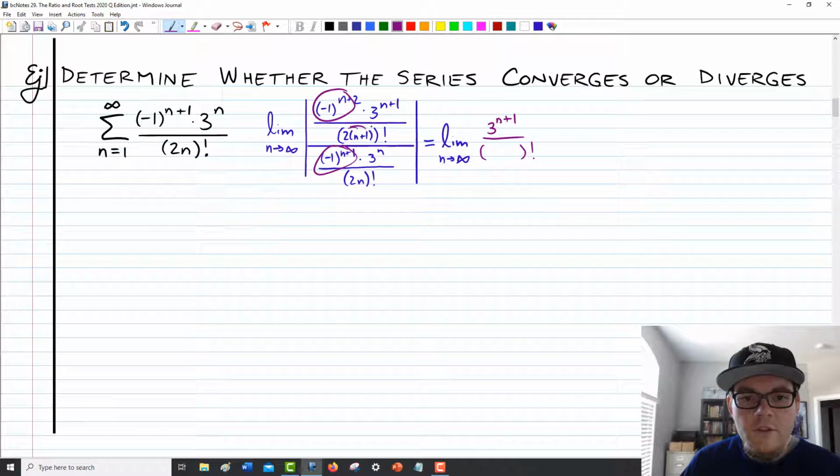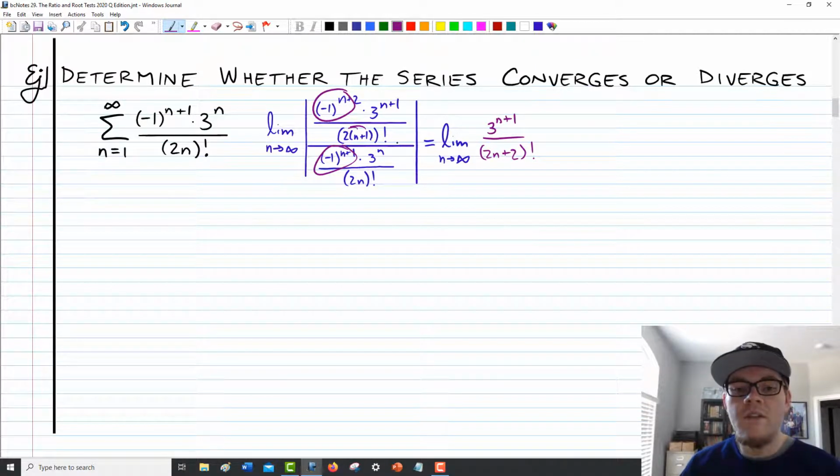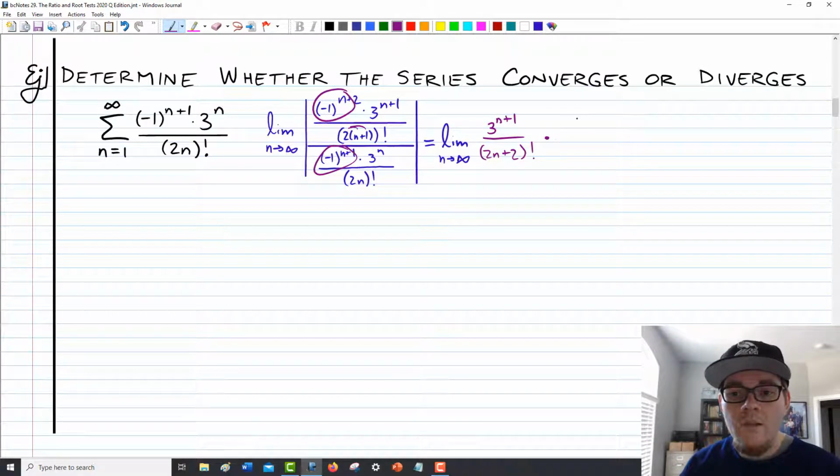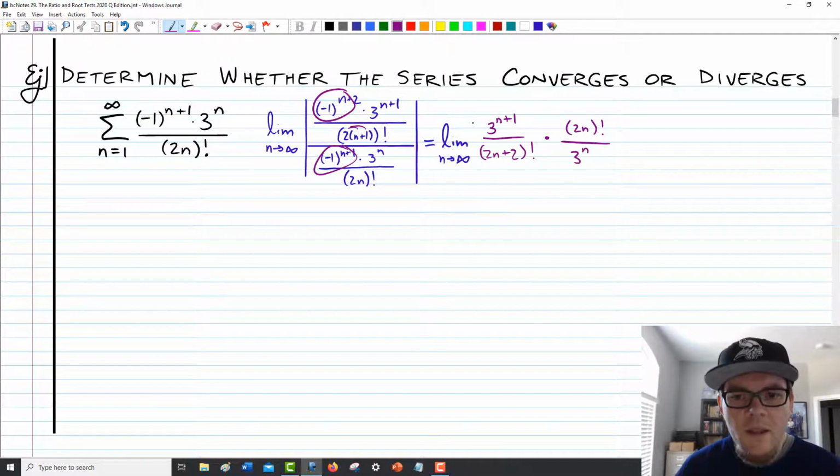For instance, I can write 2n plus 1 as 2n plus 2 factorial instead of that bunch of parentheses. In my denominator, I'm dividing by that fraction, so I can flip it and multiply. So I'm going to write this instead as 2n factorial over 3 to the n. So there is the limit that we're evaluating.